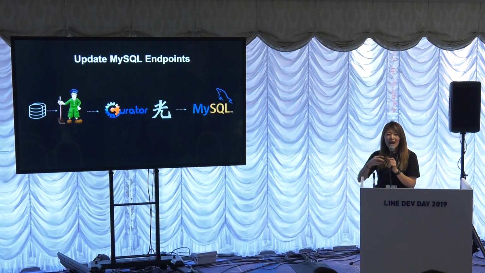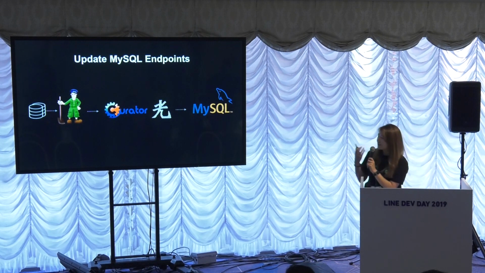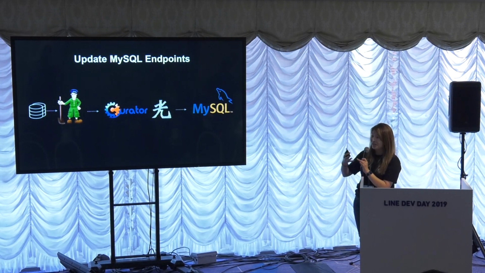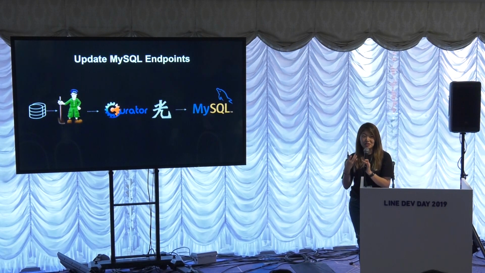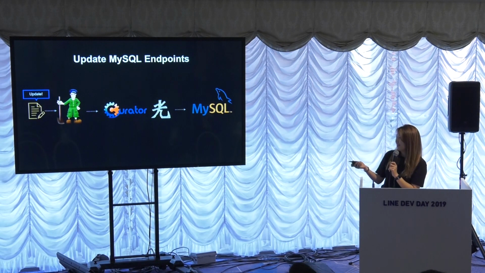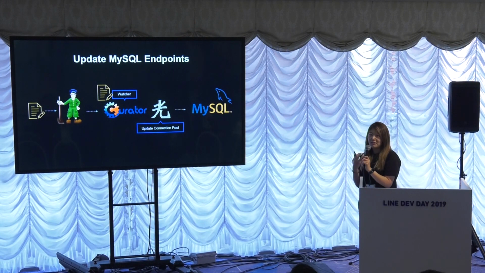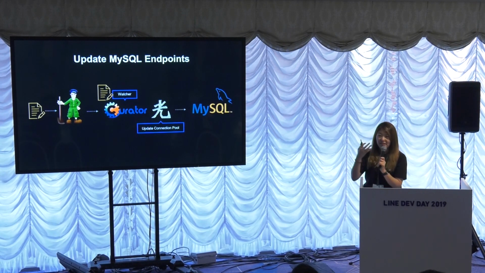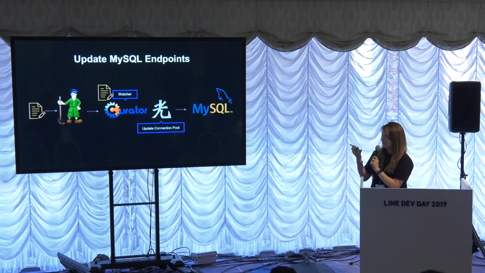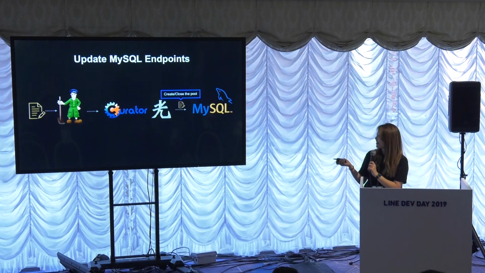Then let's take a look at how we can do the same operation I mentioned before. The starting point is the same: just preparing new servers for our new storage. Then when you update Zookeeper, the Curator client will be notified automatically on the API server. And then the connection pool can respond to this change, either creating or closing the MySQL connection pool.